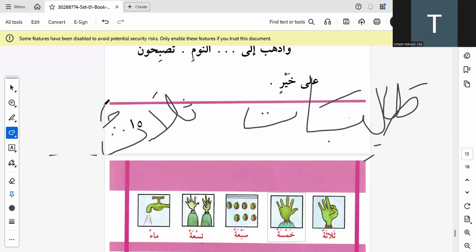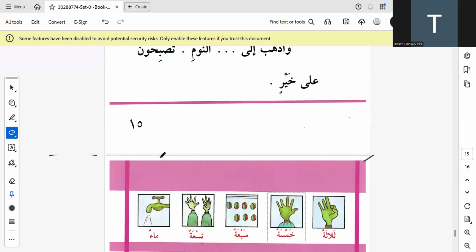And the feminine is thalathatun. So we said that if the ma'dud is feminine, then your number will be what? Masculine. Now, we want to say 3 feminine students. So how do you say it?